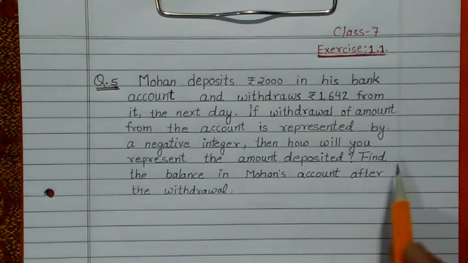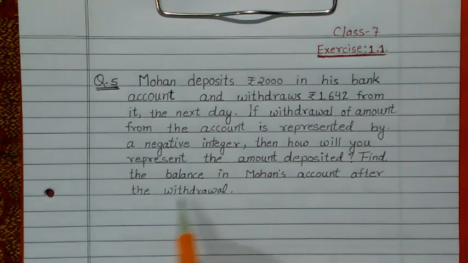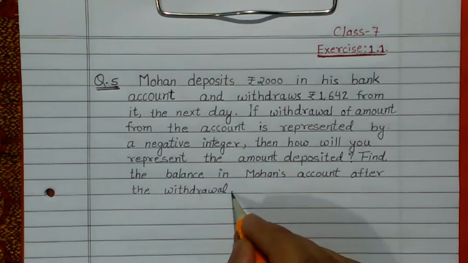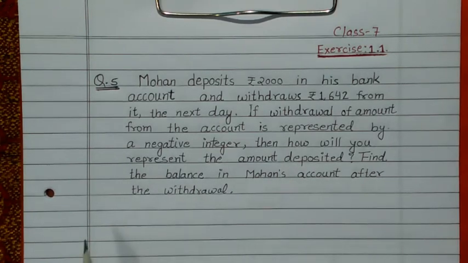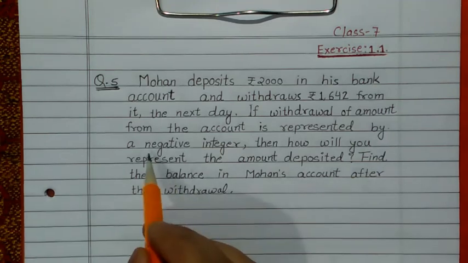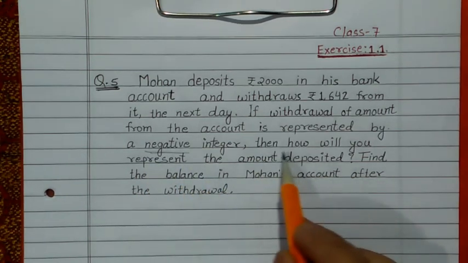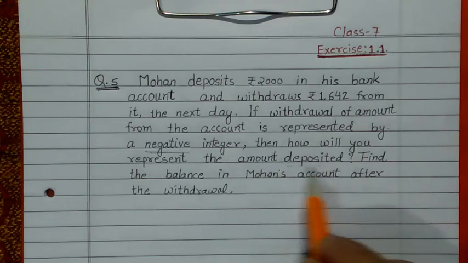Find the balance in Mohan's account after the withdrawal. As we can see here, we have two questions. If the amount withdrawn from the bank account is represented by a negative integer, how will you represent the amount deposited in the bank account?